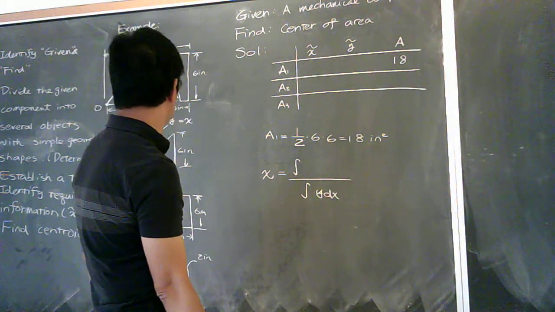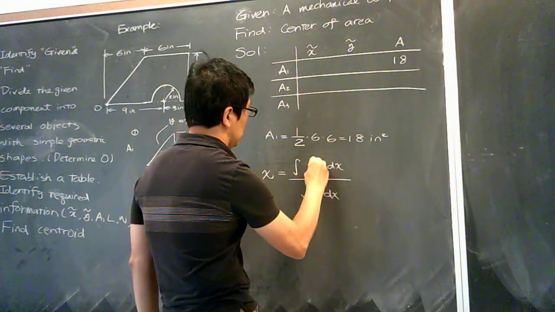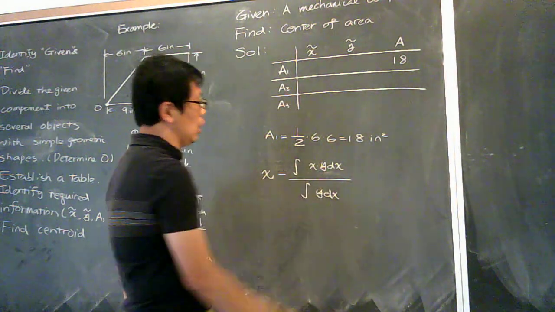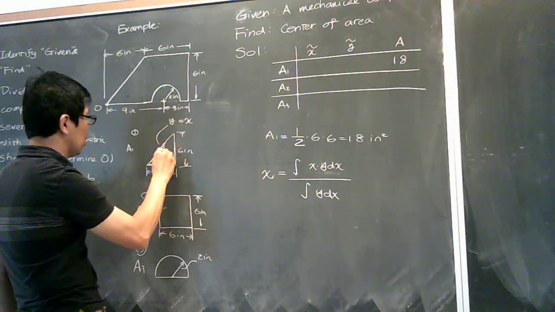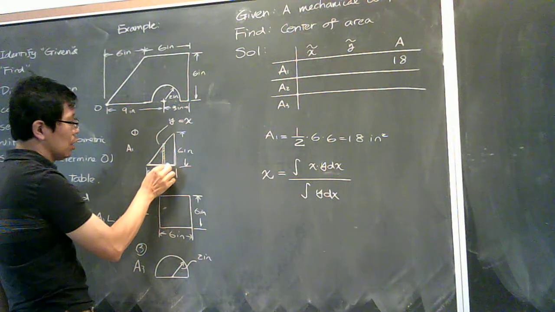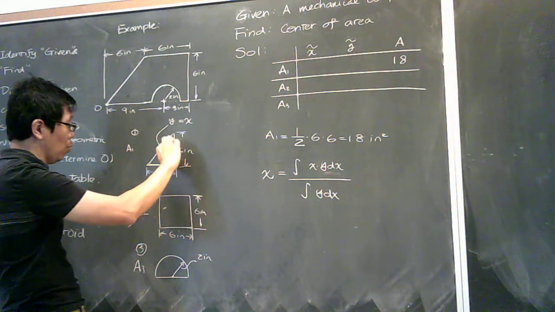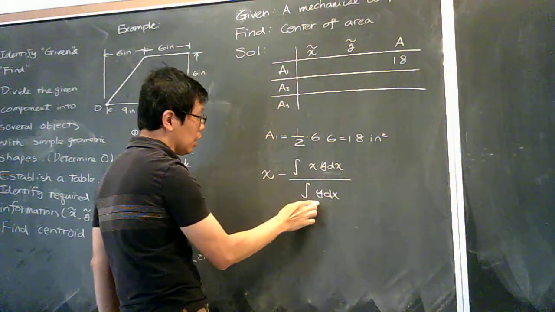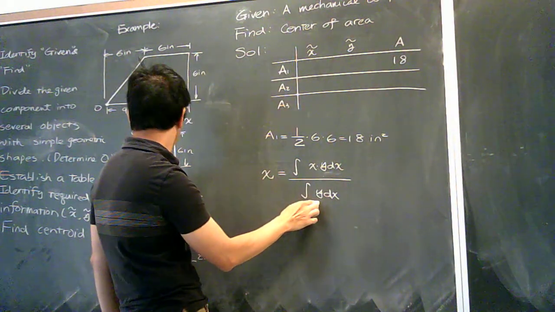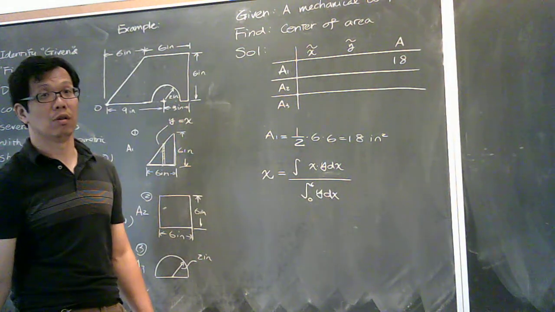And over here, this is going to be y dx is dA, just like what we did earlier today. It's going to be y multiplied by dx, and we know we're looking for the range 0 to 6.